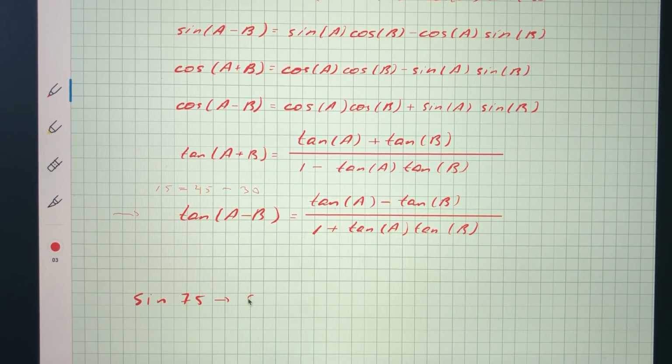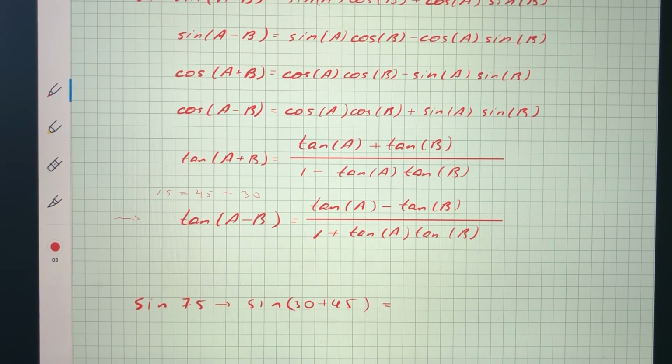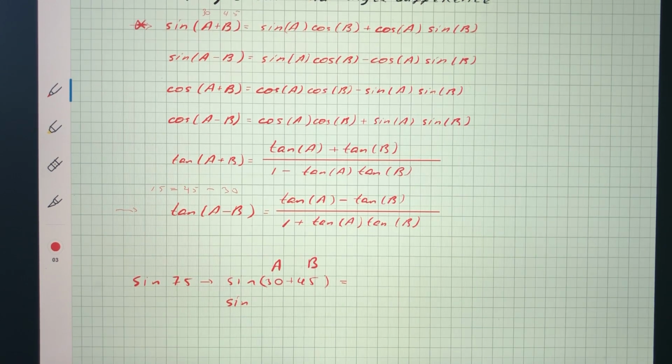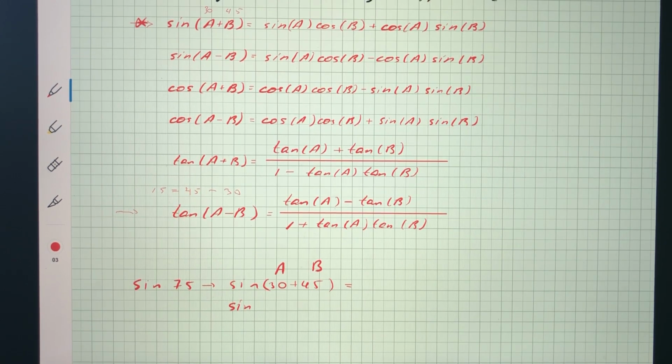We can write it as the sine of 30 plus 45, and then we use our formula to expand this expression, where A is 30 degrees and B is 45. Each time we see the A, we will substitute the 30, and each time we see the B, we will put in 45. And that makes sine of 30 times the cosine of 45 plus cosine of 30 sine 45.